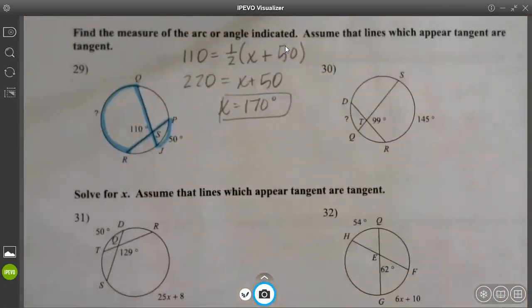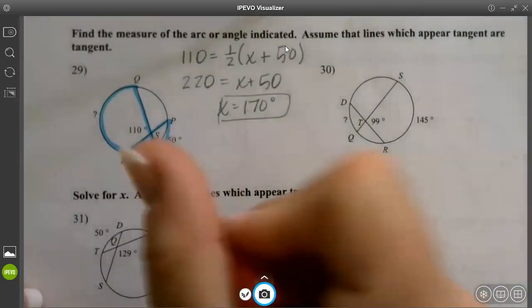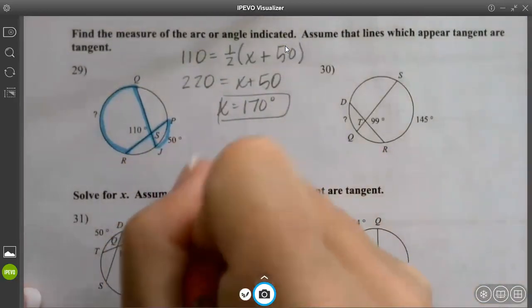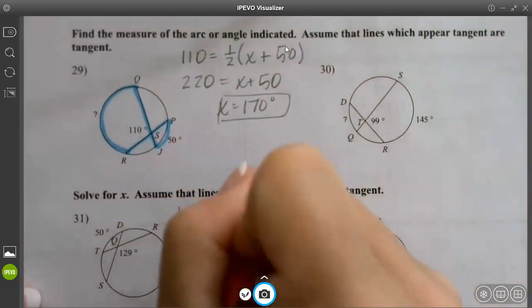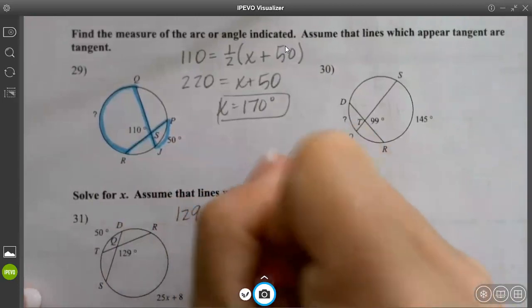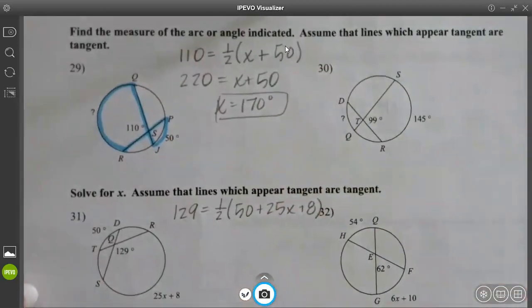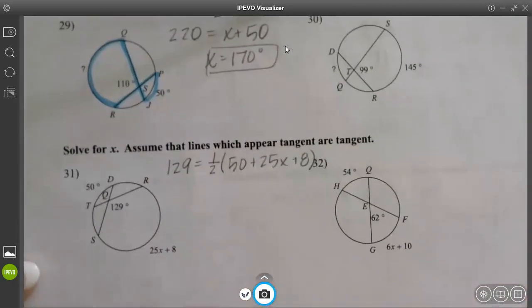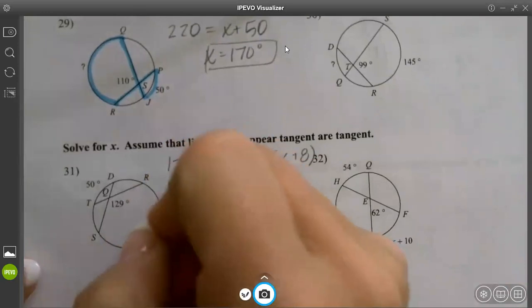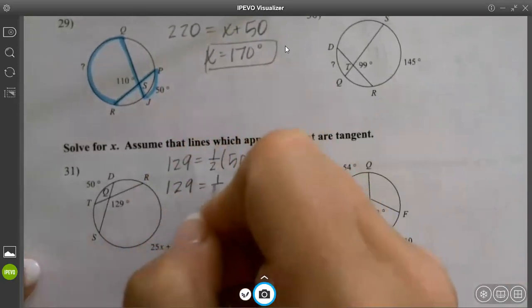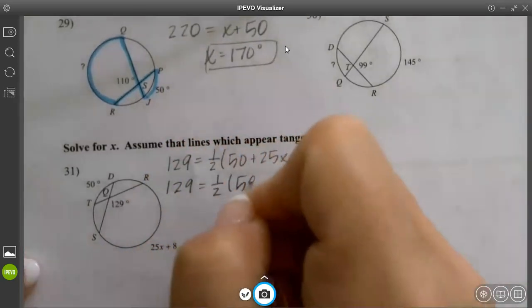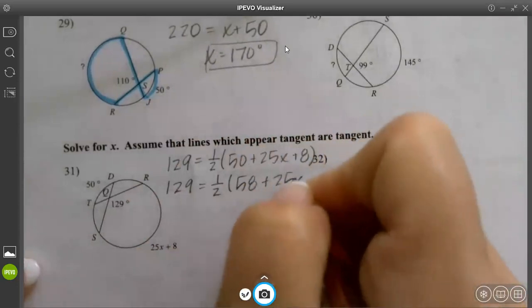31 is the same formula. These are easier because they don't have minuses. There's no real mess ups on here. You can't really screw it up. So your angle is 129 equals half of your arcs added together. I have 129 equals half of 58 plus 25x.